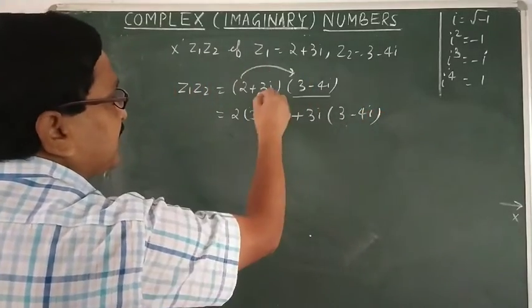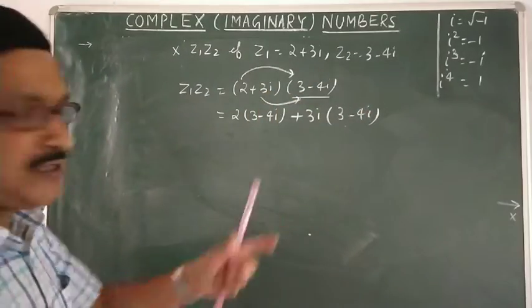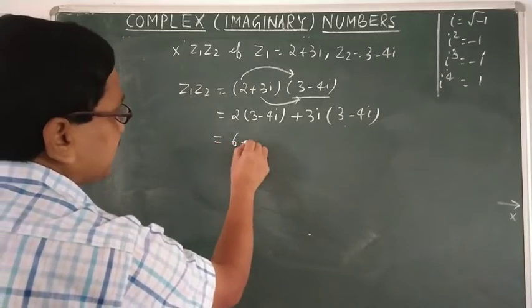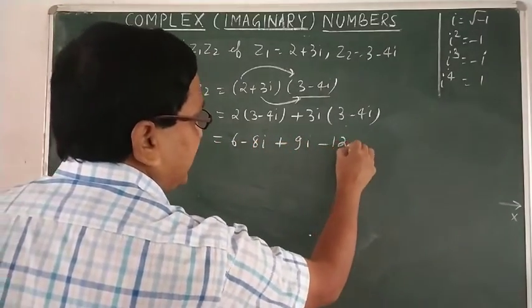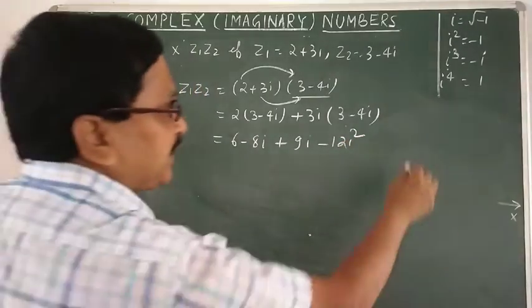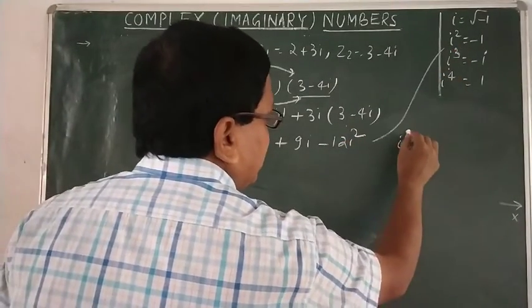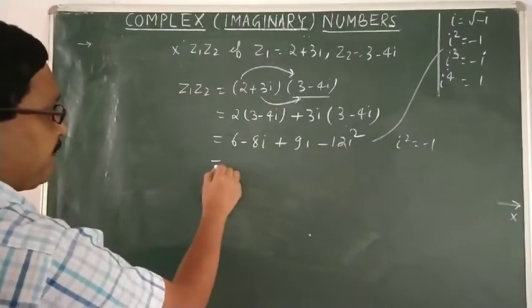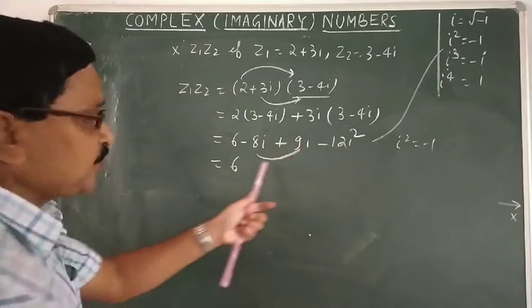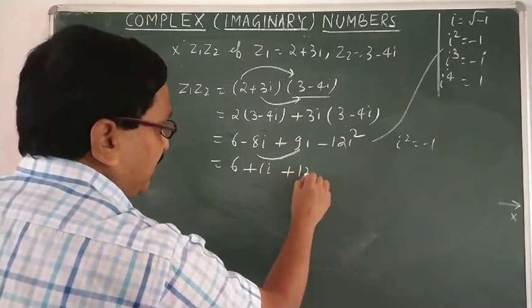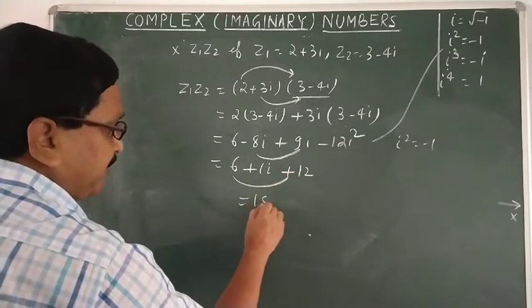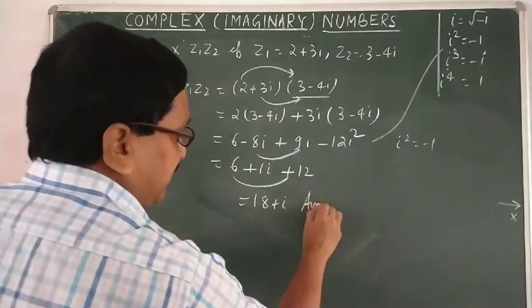So this is equal to 6 minus 8i plus 9i minus 12i square. Since i square is minus 1, put i square equal to minus 1. So this is 6, and when these two are composed, this is 1i, and this is plus 12. So this is 18 plus i. So this is your answer finally.